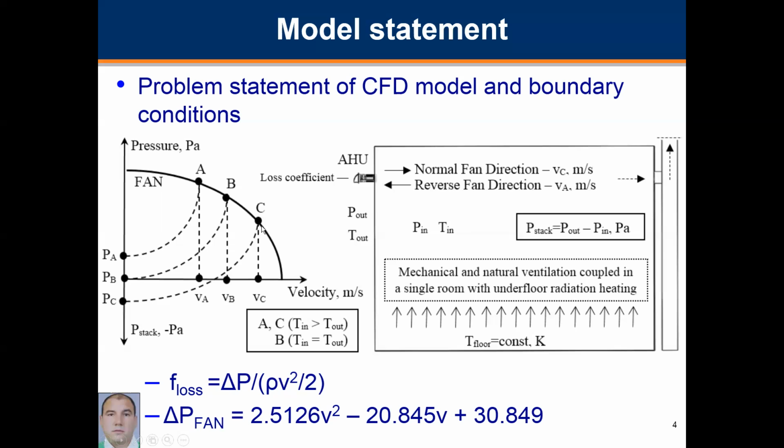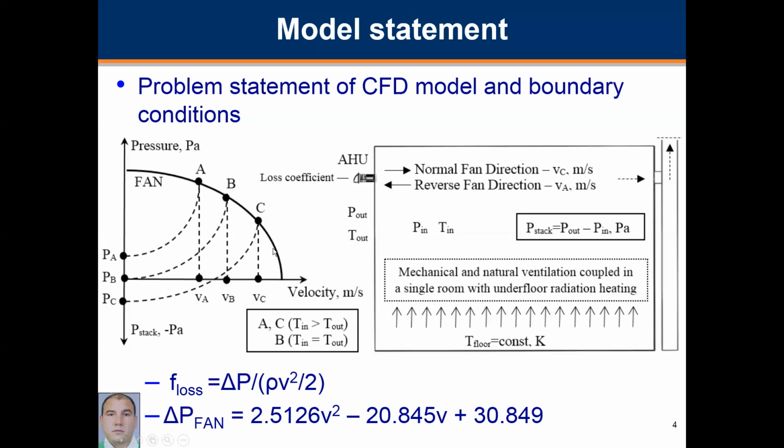The graph on the slide shows a fan curve and three resistance curves of the system, defining three points A, B, and C. Point B presents the mode of the fan in either temperature condition, when the indoor temperature is close to the outside temperature and the buoyancy forces are negligible. Points A and C are present when the indoor temperature is higher than the outside temperature, which leads to buoyancy forces in the flow and changes the resistance curve of the system.